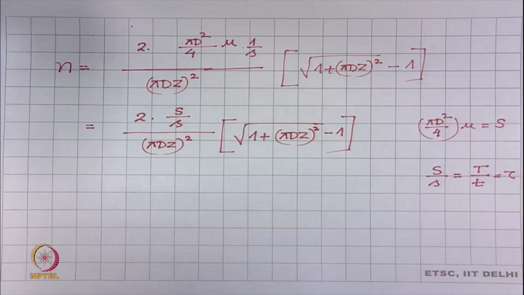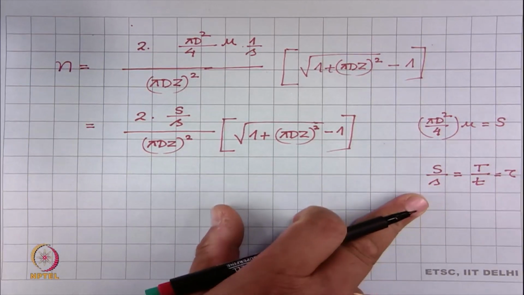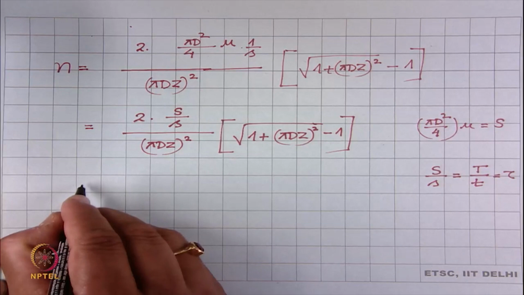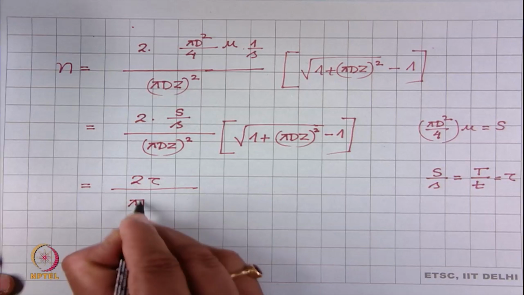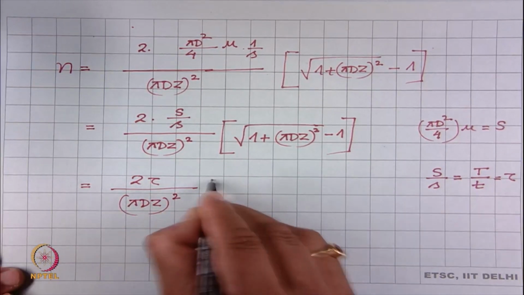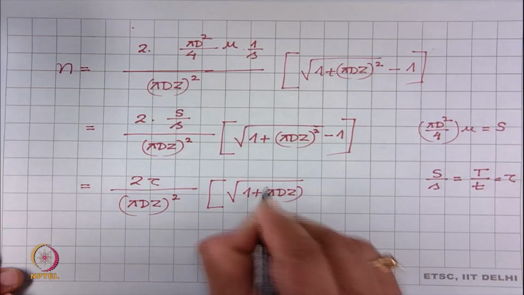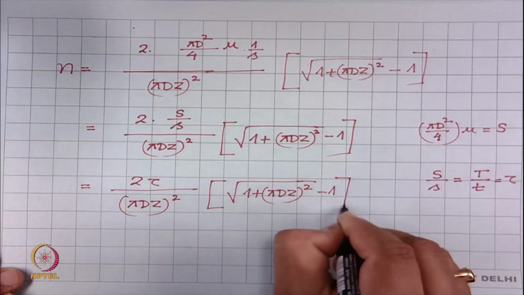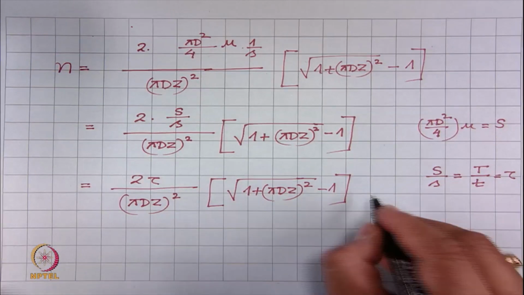Relative yarn fineness tau is equal to capital T by small t, yarn count in tex by fiber fineness, that is equal to substance cross sectional area capital S divided by fiber cross sectional area small s. So, we can now write 2 into tau over pi dz square, root over 1 plus pi dz square minus 1. This relationship is what we were looking for.